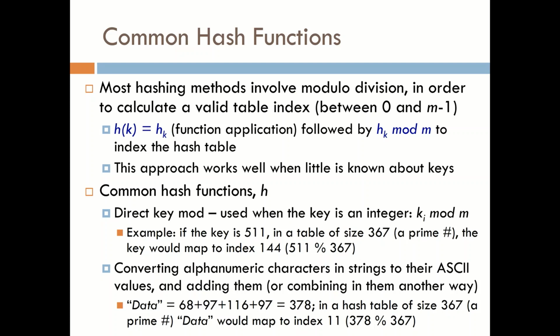So if we want to take strings and convert their values so that we can place them in a hash table, one of the things available to us without doing a lot of deep thinking is to take the ASCII values of the individual characters, add everything together, and then again we have to mod by the table size.